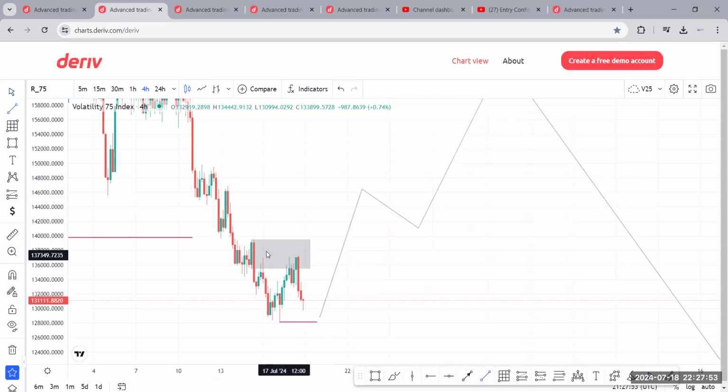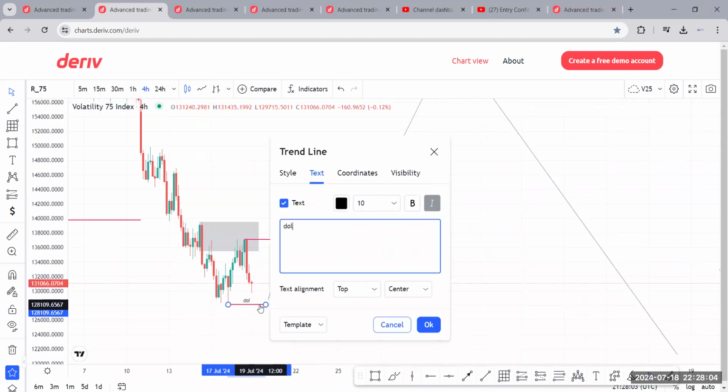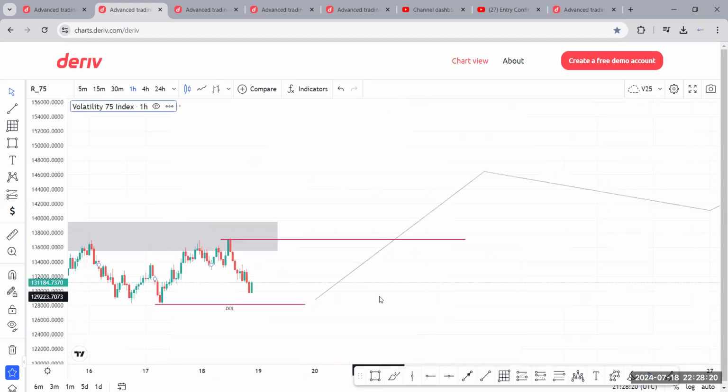So if price manages to break this high, then we are going bullish. But for now, let's still frame our bias towards the downside. Let's see how price takes out this low. So we are framing a trade towards that low. See if price is going to take that low for us. So going down to our 1 hour.